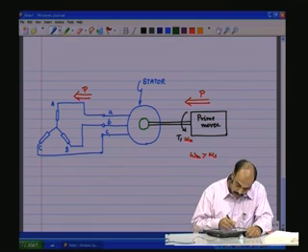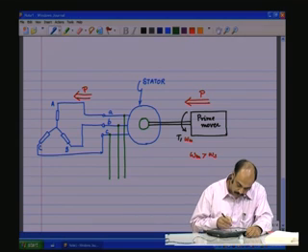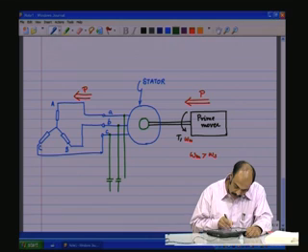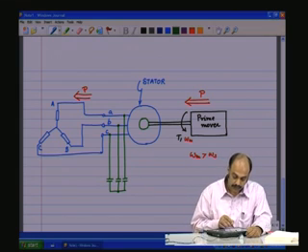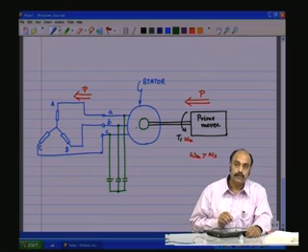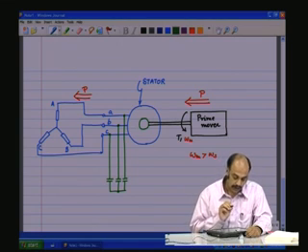So for that, if it is supplying only standalone loads like this, we connect three capacitors, and the job of the capacitor is to supply the reactive energy to the induction motor to maintain the rotating magnetic flux.